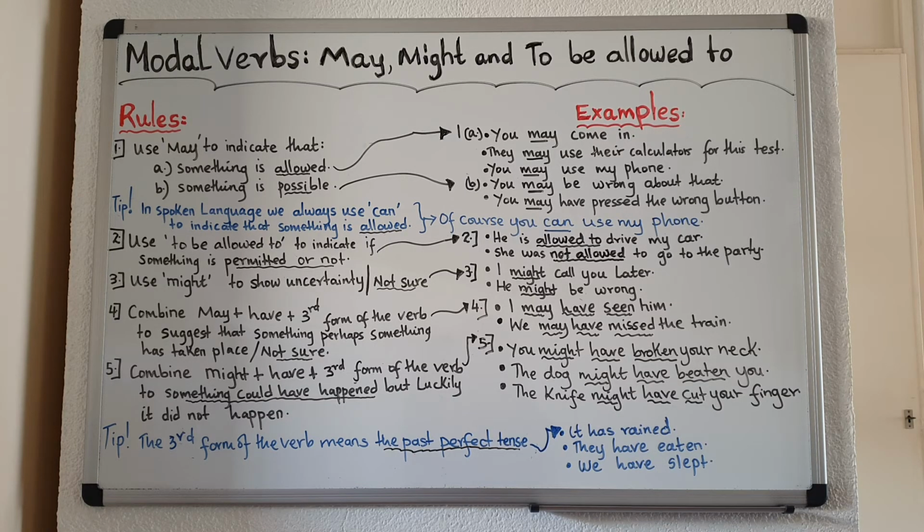When you're speaking to somebody and you want them to know that something is allowed, we tend to use can more often than may. Look at the example on the right. Of course you can use my phone. It is also correct to say, of course you may use my phone.